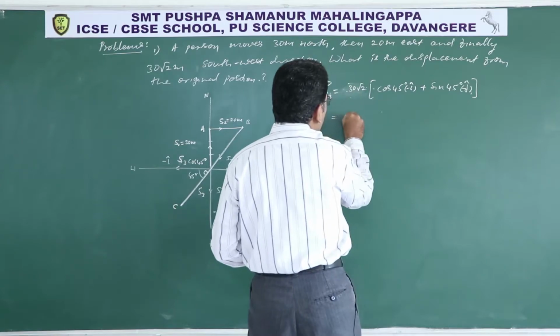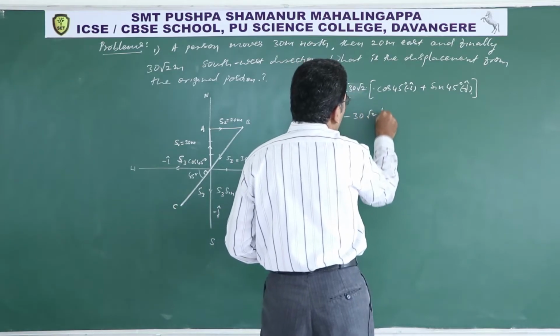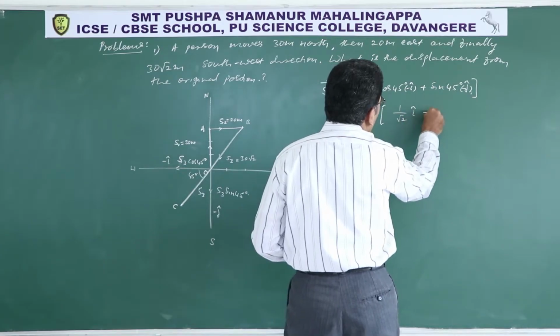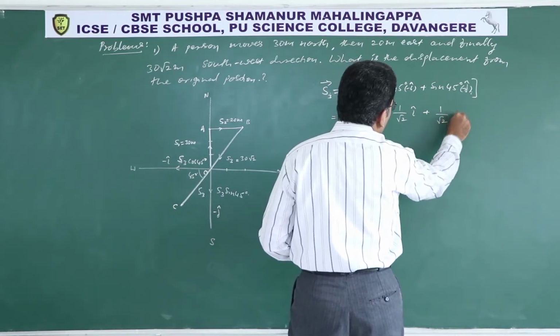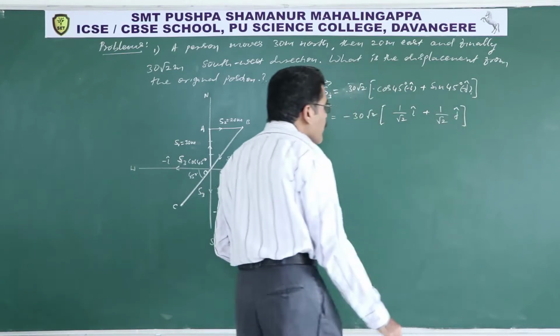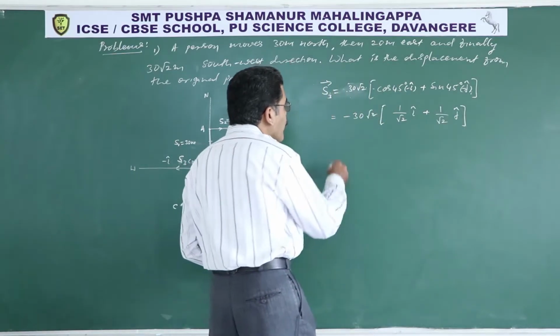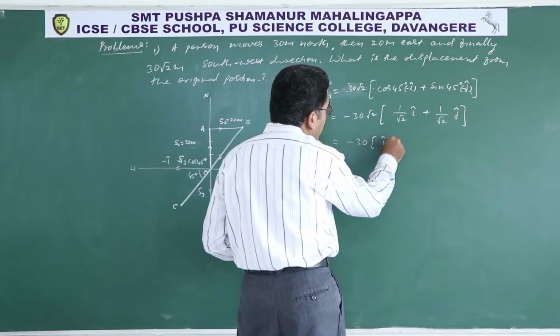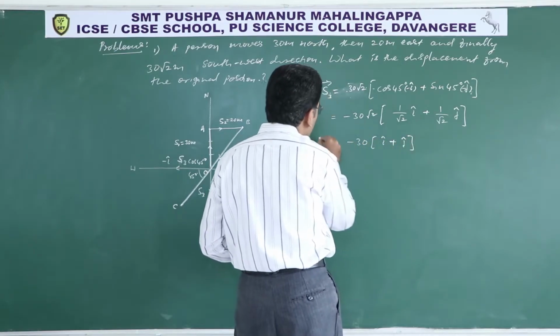Therefore, totally you are going to get minus 30 root 2. What is cos 45? 1 by root 2 into i cap plus 1 by root 2 into j cap. You please take root 2 outside. You are going to get minus 30 i cap plus j cap. This is S3.